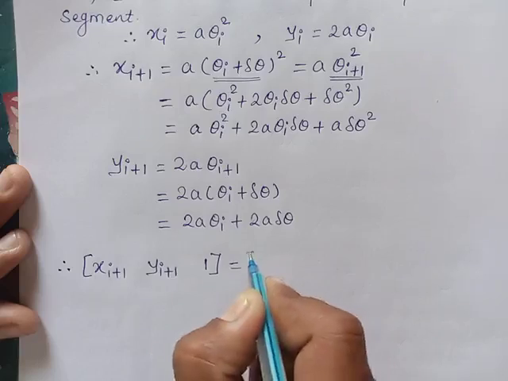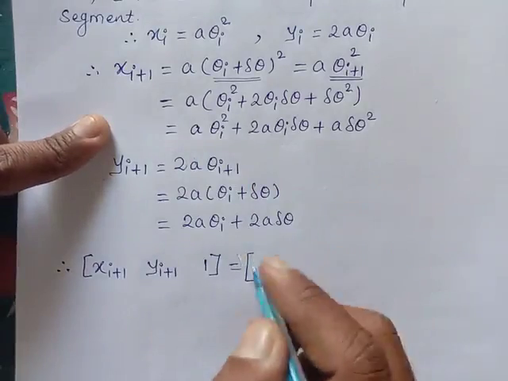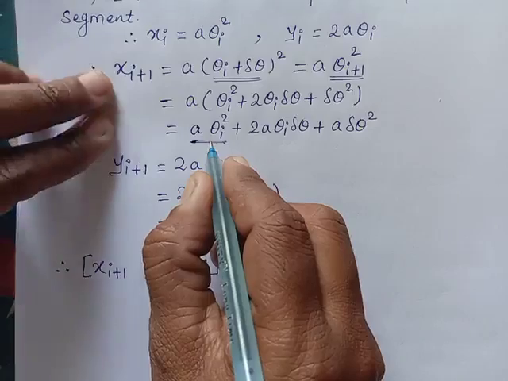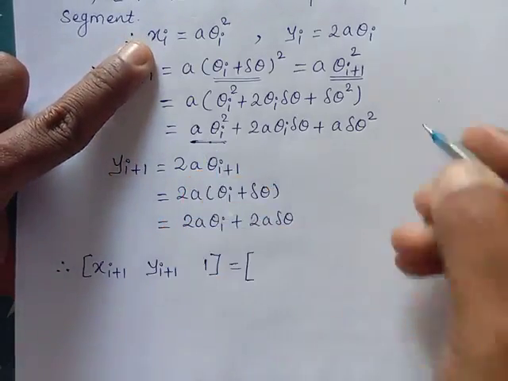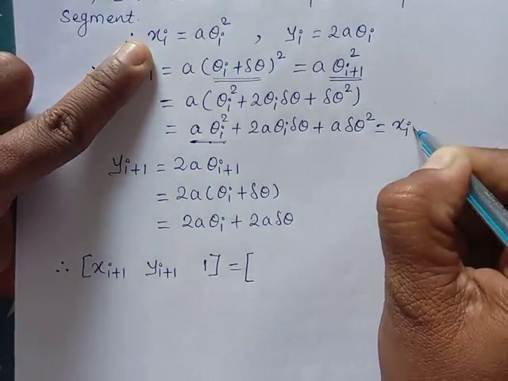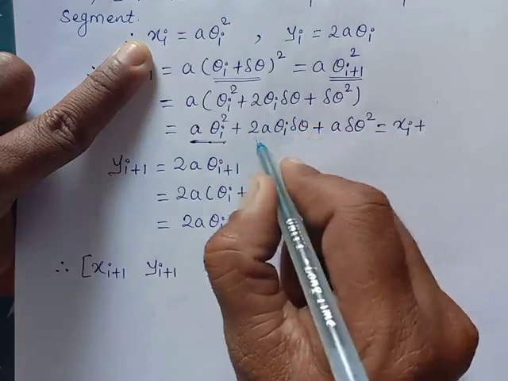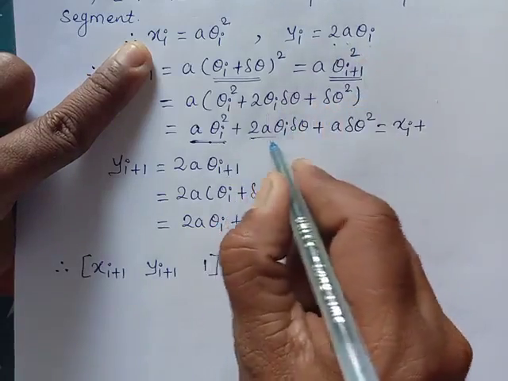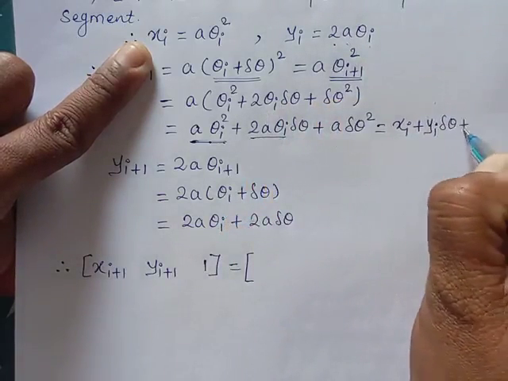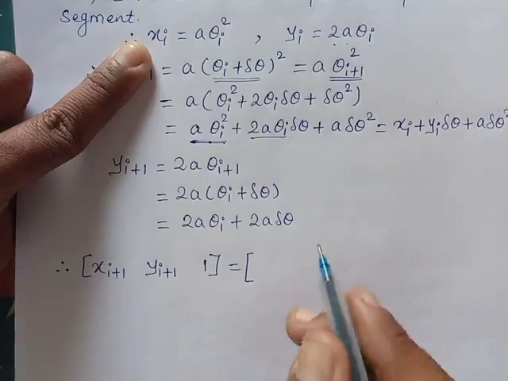Then that is equivalent to a theta i square, which is nothing but xi, plus 2a theta i, this part is yi delta theta, plus a delta theta square, right?